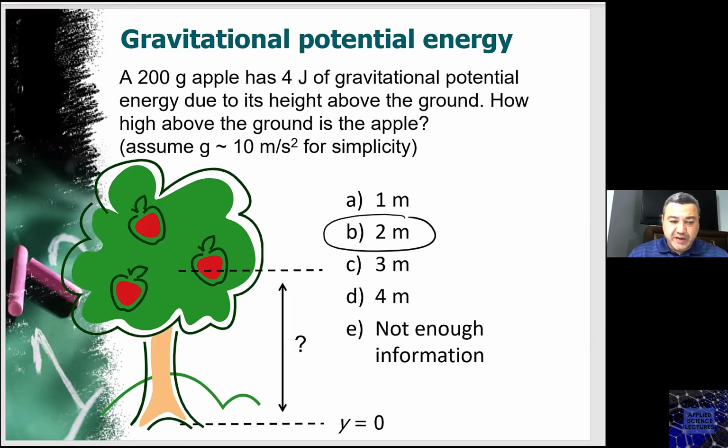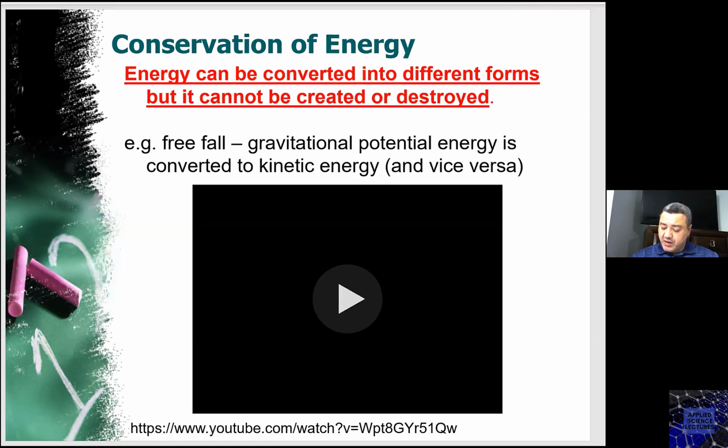So this is how we calculate the gravitational potential energy, or we calculate the height of any object that has a specific mass, if I know its gravitational potential energy. Now this takes me to the conservation of energy concept that I have mentioned earlier.